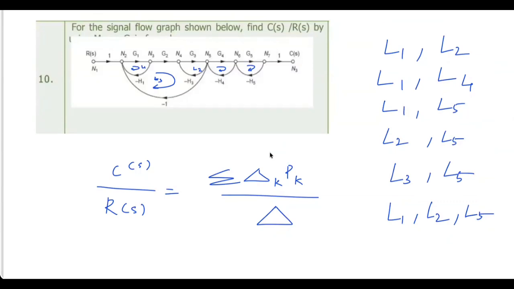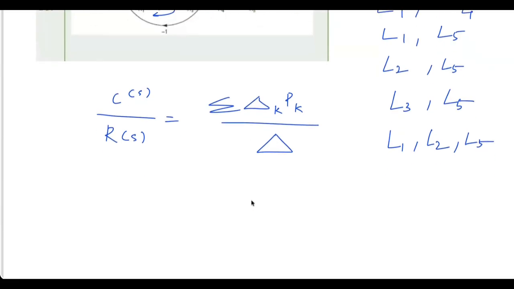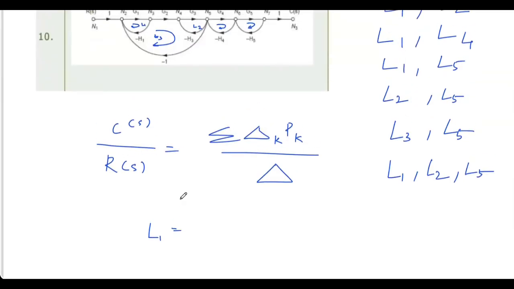Okay. So delta, what is L1? Minus G1 H1. What is L2? Minus G3 H3. Minus G2 H2.